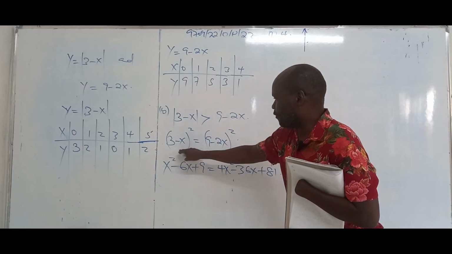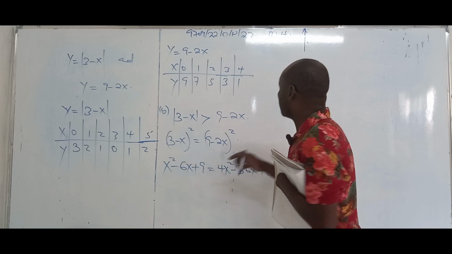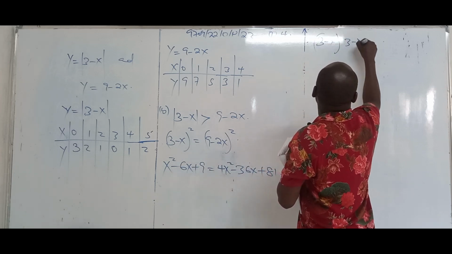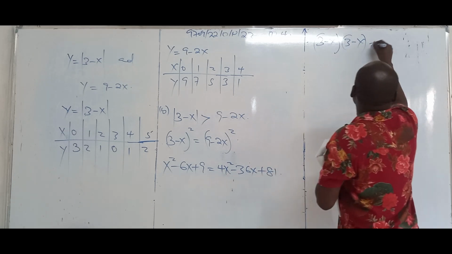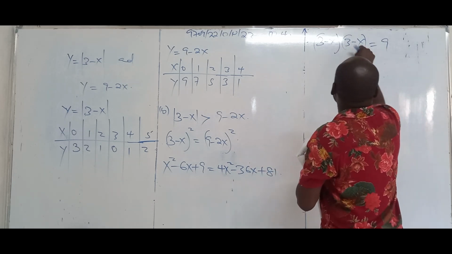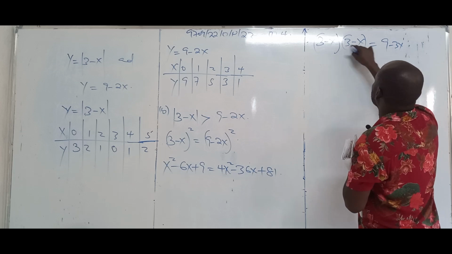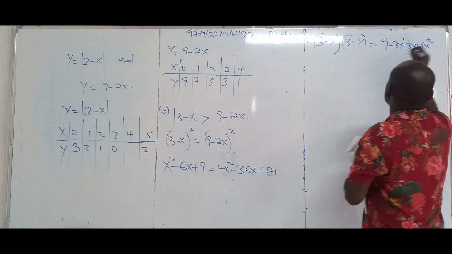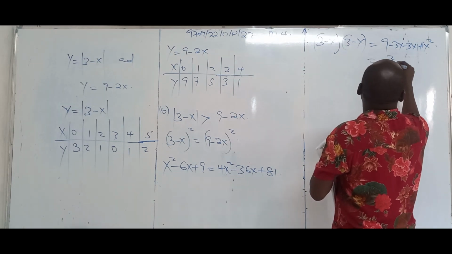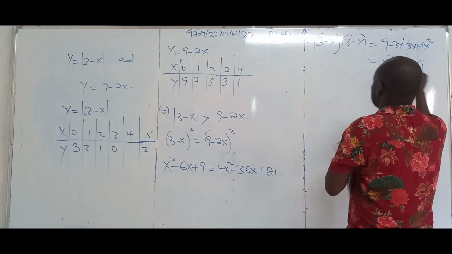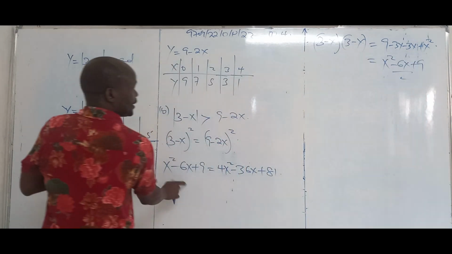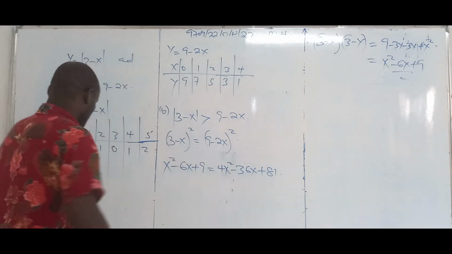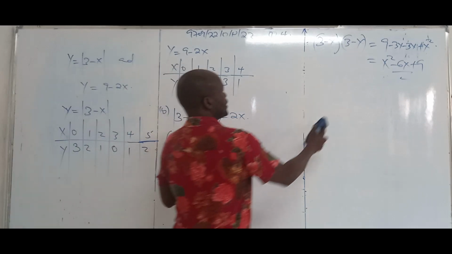Just to show you the first bit: if you have 3 minus x times 3 minus x, then 3 by 3 gives you 9, then minus 3x, minus 3x, plus x squared. So that gives me x squared minus 6x plus 9, and that's what I put here. Doing the same with this gives me that. That takes care of it.